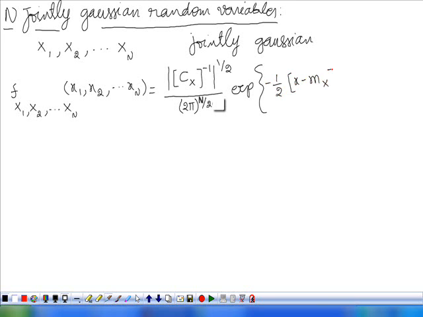x minus mx, whole transpose, Cx inverse, into x minus mx.